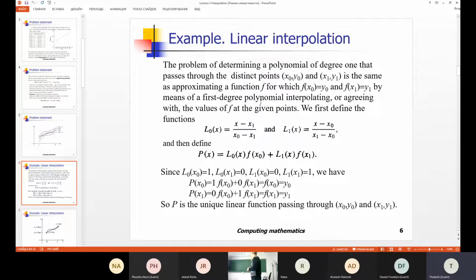After that, let's try to compute the value of this polynomial at the point x0, p1 of x0. Please compute the value of this polynomial at the point x0.